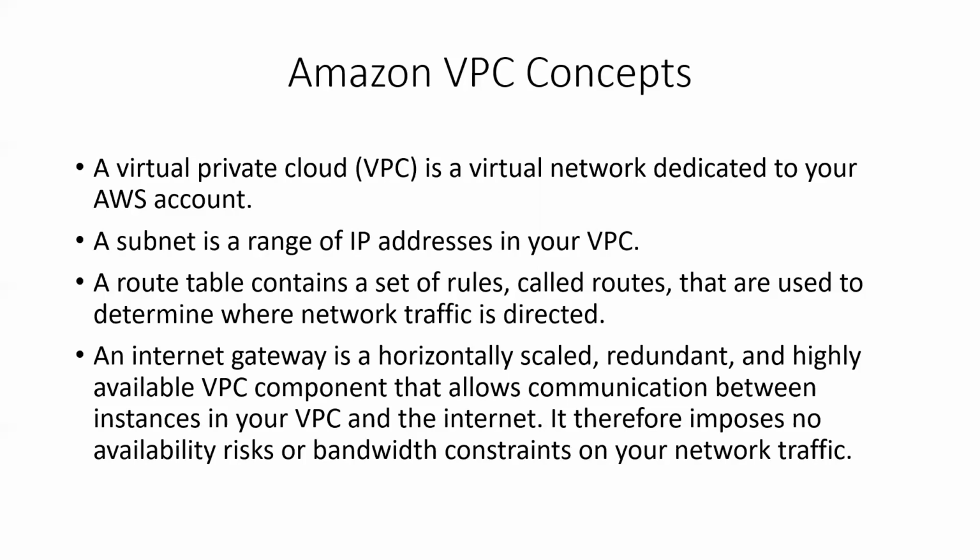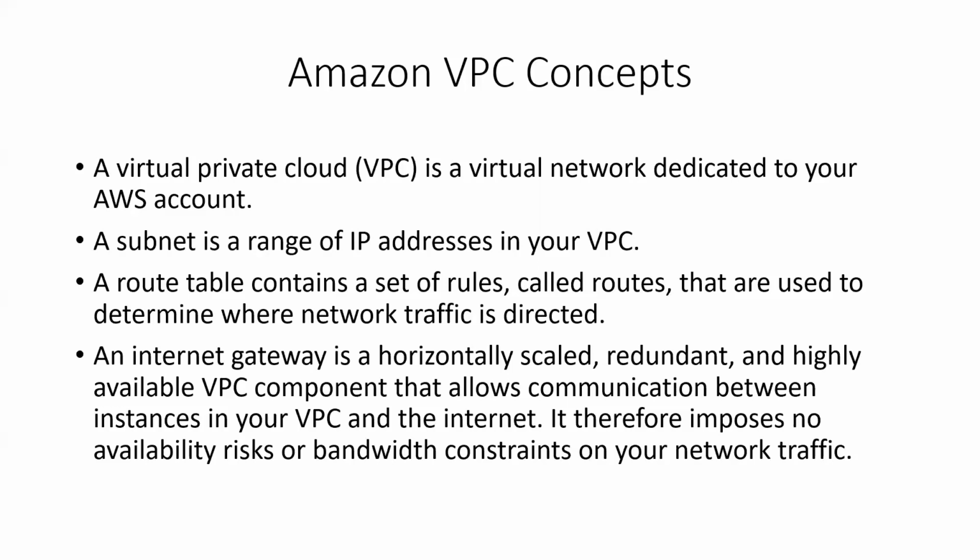So internet gateway, again, I got this directly from the Amazon website itself. An internet gateway is horizontally scaled. The reason they mention it is that you don't have to worry about whether it can scale to your bandwidth requirements. Absolutely.